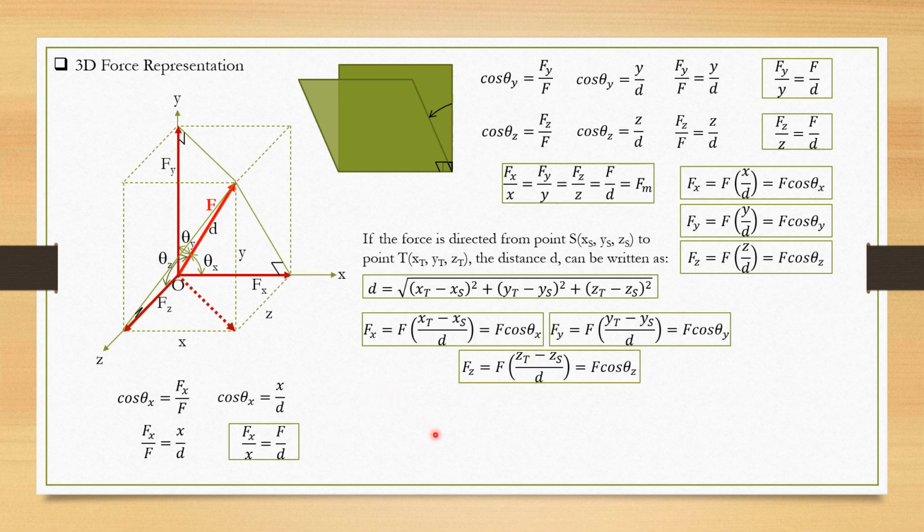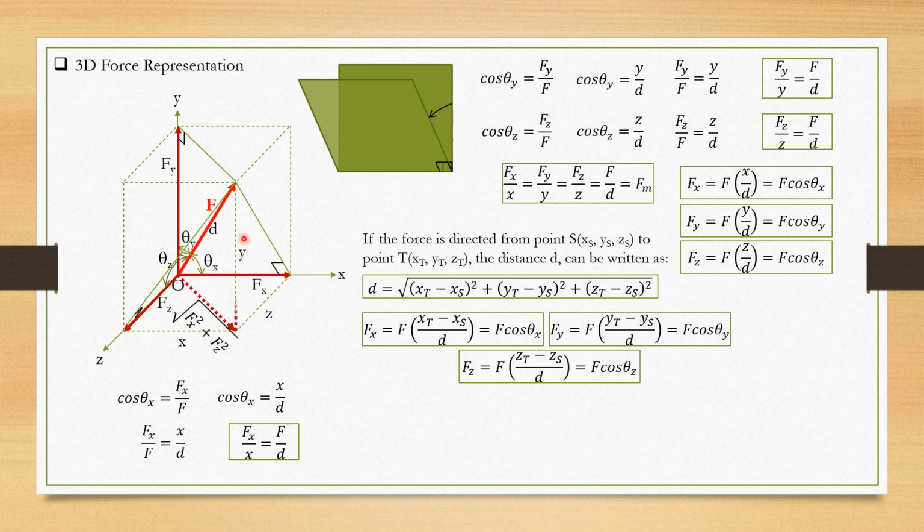Then similarly, if we compute F in terms of its components, remember this is a rectangle, so this is the diagonal or the hypotenuse of these two identical right triangles. So therefore, in terms of the components, this diagonal or resultant of Fx and Fz is the square root of Fx square plus Fz square.